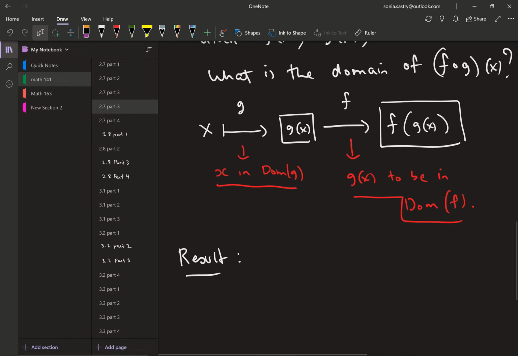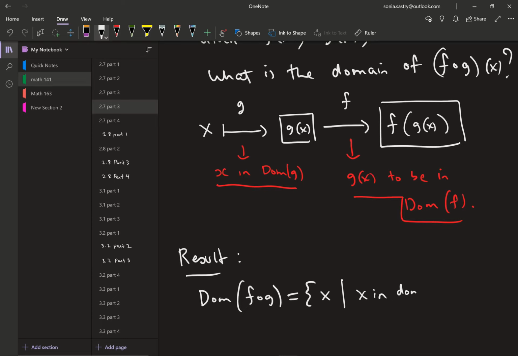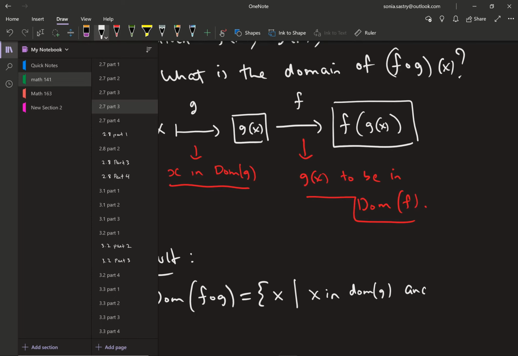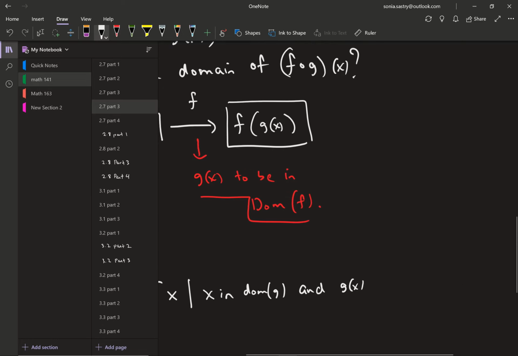So now, let's just call it a result. Just by this straightforward analysis, the domain of the composition of f and g is the set of all x such that x is in the domain of g and g of x is in the domain of f.